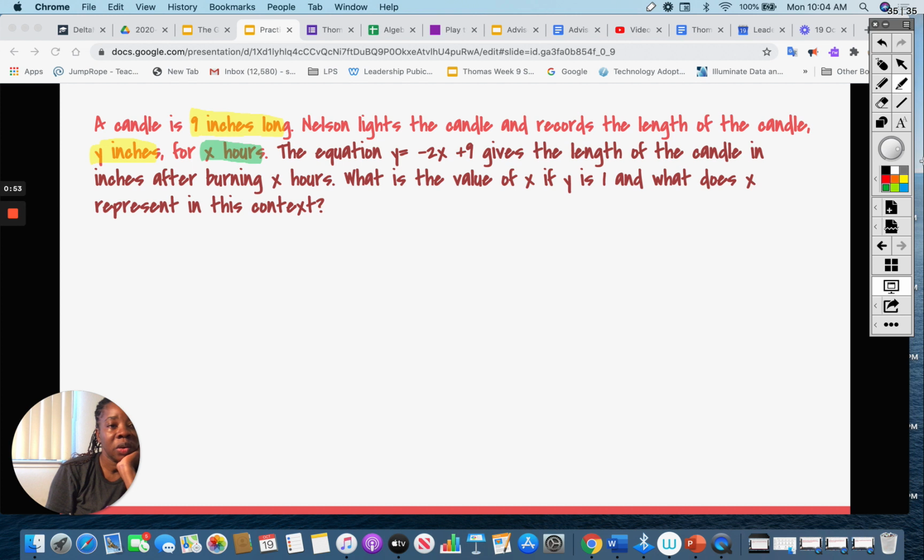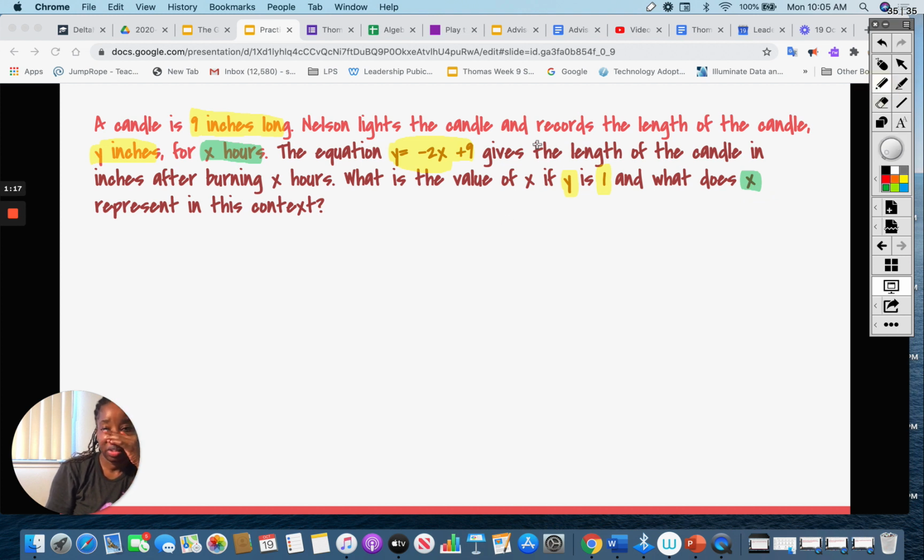We have the equation for the length. And then they also told us that in this case, y is 1. And they want us to figure out what x means in this context.